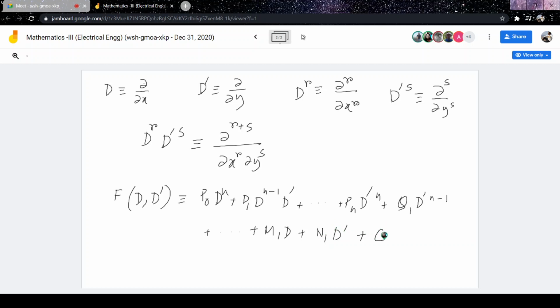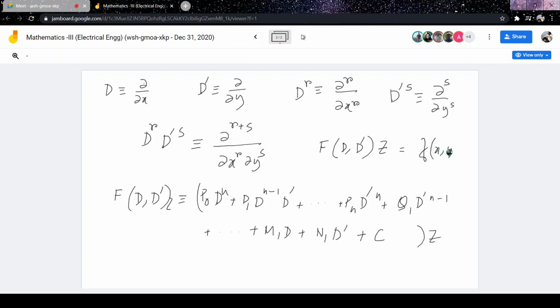And suppose I am writing this differential equation as F(D, D dash) operated on z. That means it will be operated on z. And suppose I have a function f(x, y) on the right side.